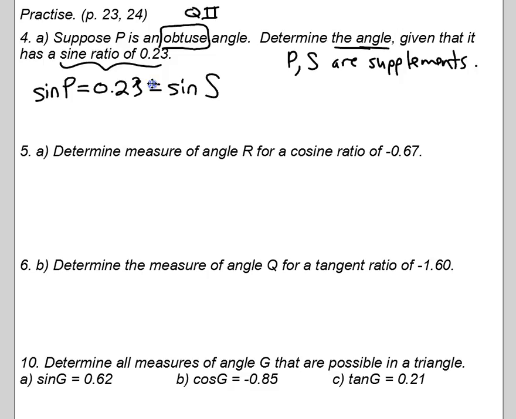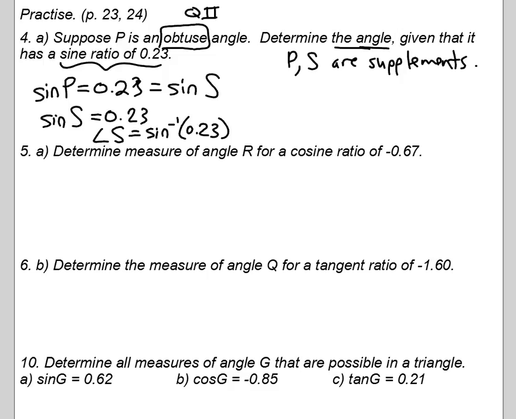And if we do that, then we can solve for the supplementary angle directly using the fact that sine of the supplement is also equal to 0.23. And in that case, we can calculate the supplementary angle. But what you're going to find is when you take that equation and go to solve for the angle, and you use inverse sine of the ratio, here's what you'll get.